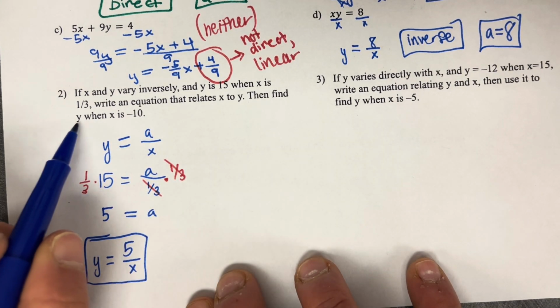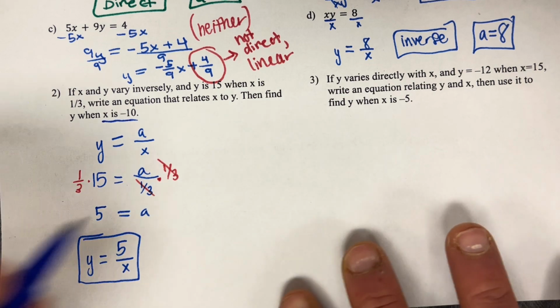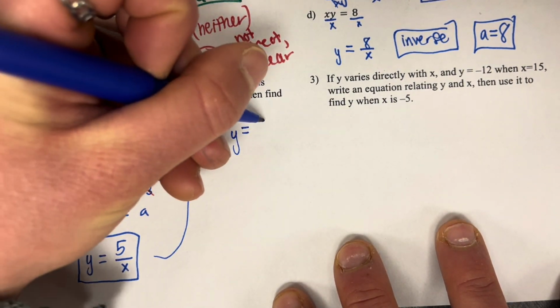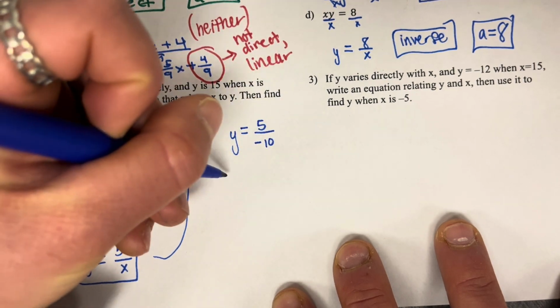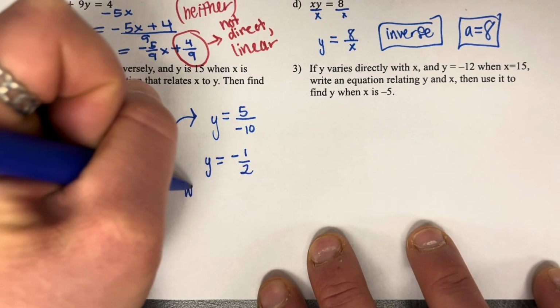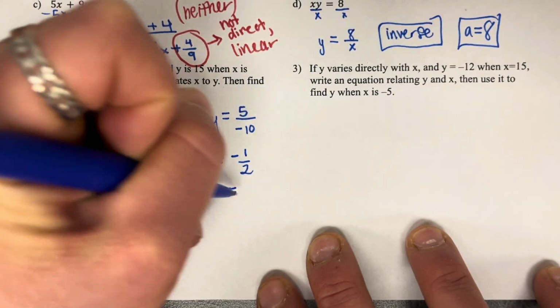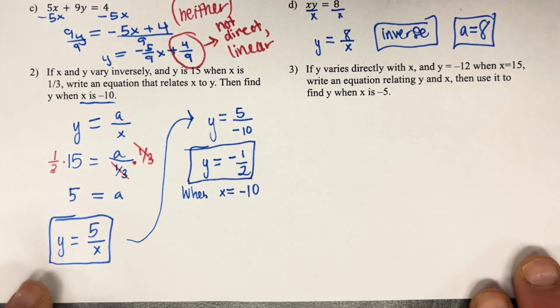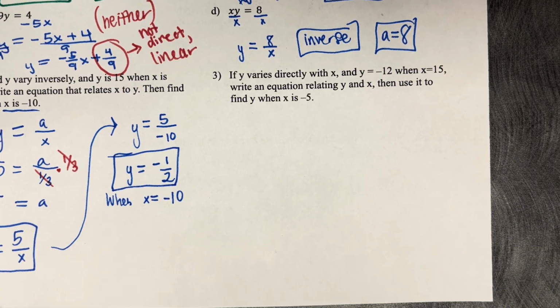Then find y when x is -10. So now we're going to take this, plug in -10, and we find that y equals -1/2 when x equals -10. Try the next one on your own.